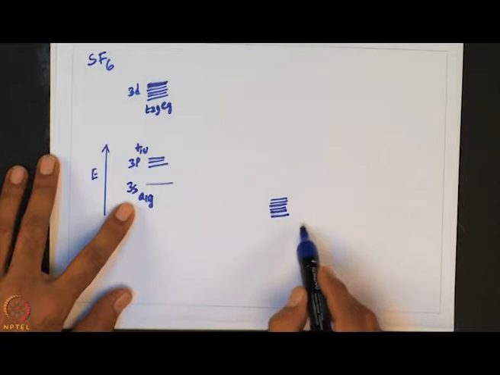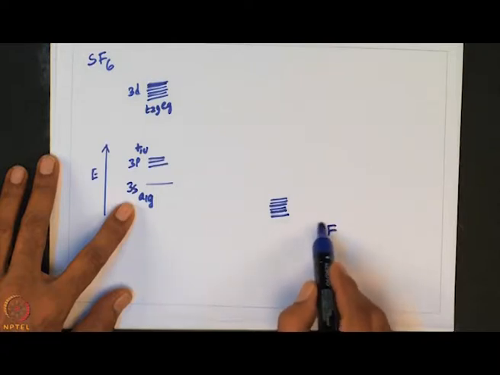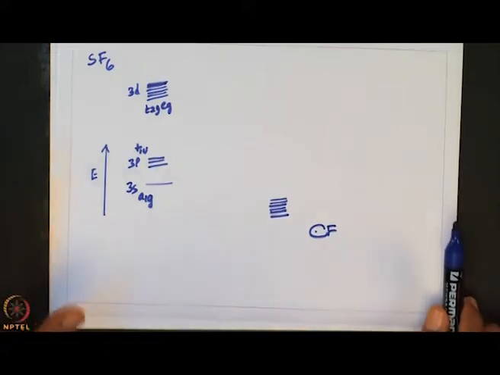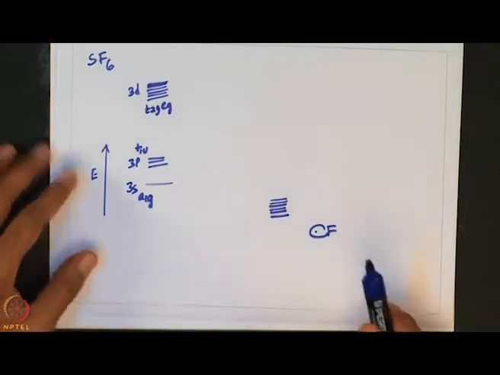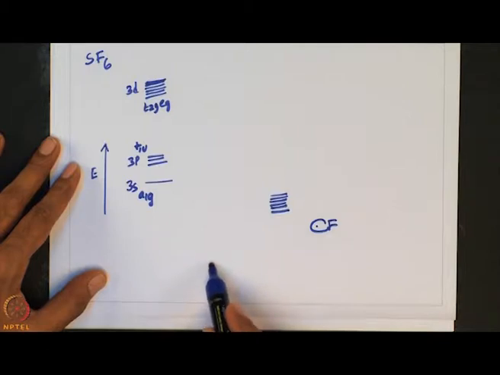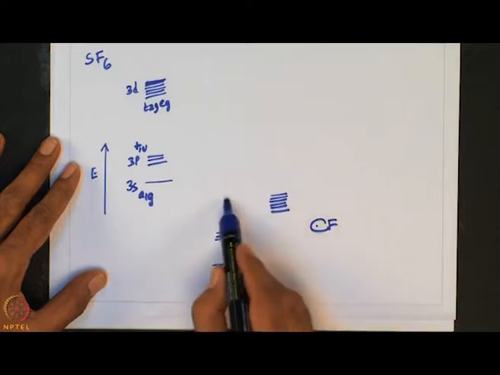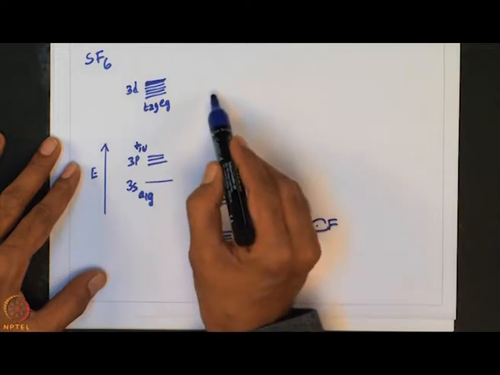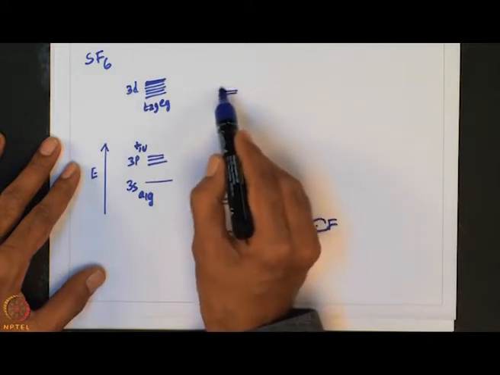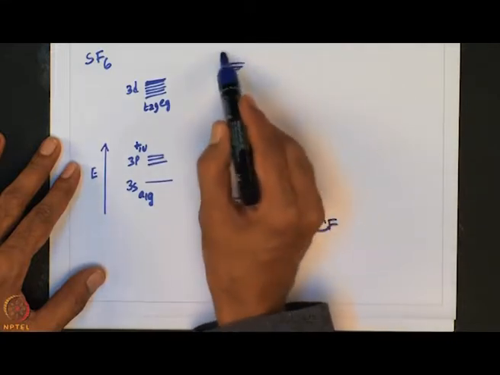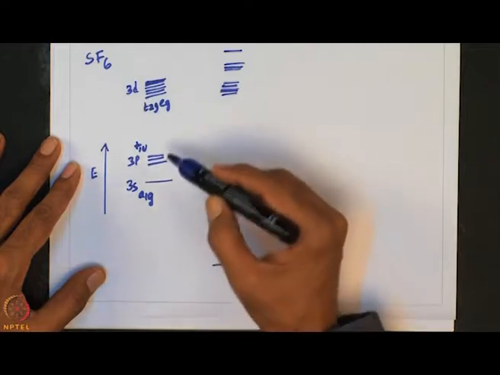Here, essentially this represents the fluorine orbital having 1 electron in the 2p. That means we have 2s2 2p5, and I am considering only that one. Now, here the first one, and then we have T1u, and then we have 2, 3 and 1.